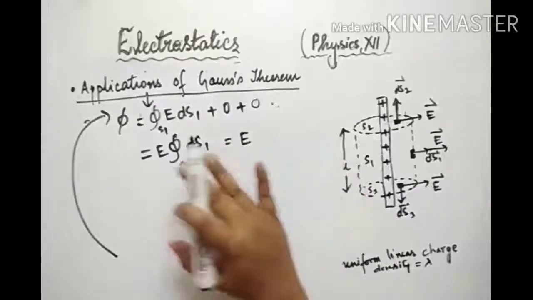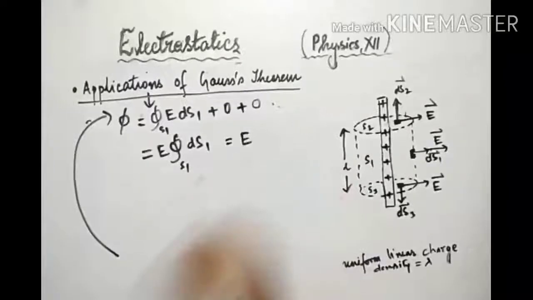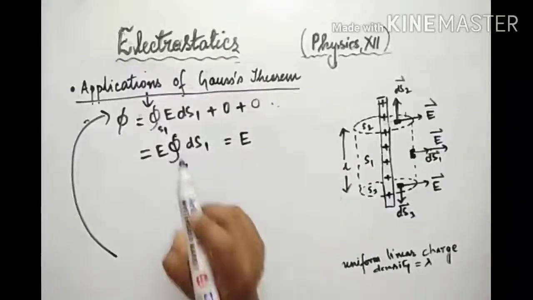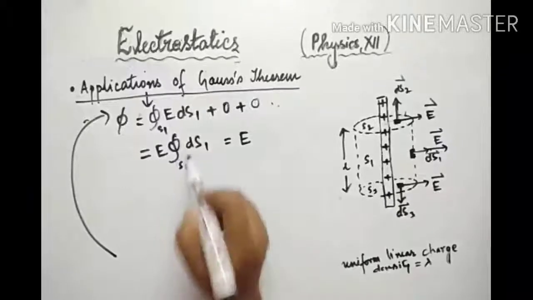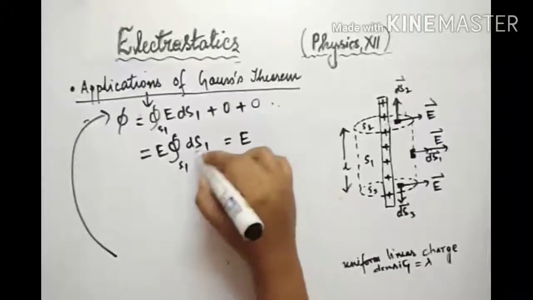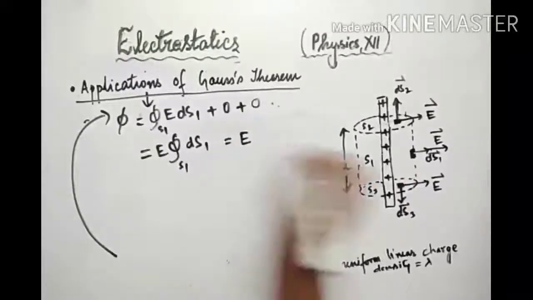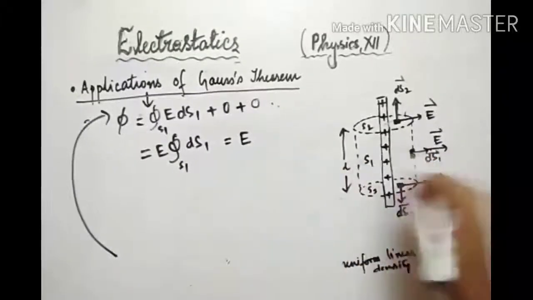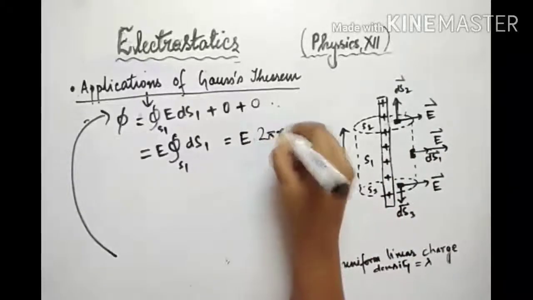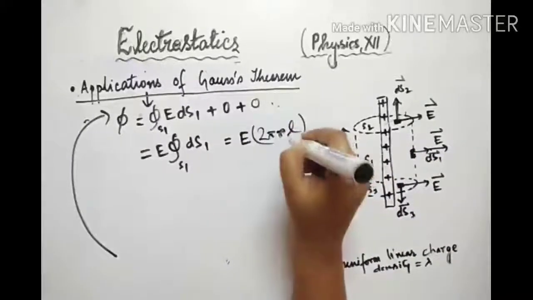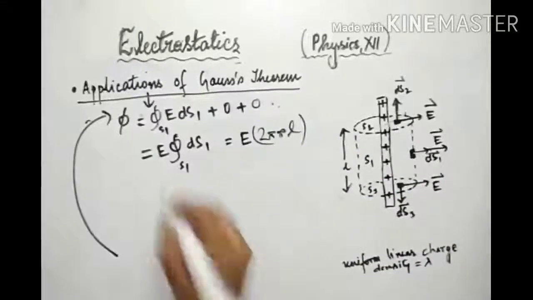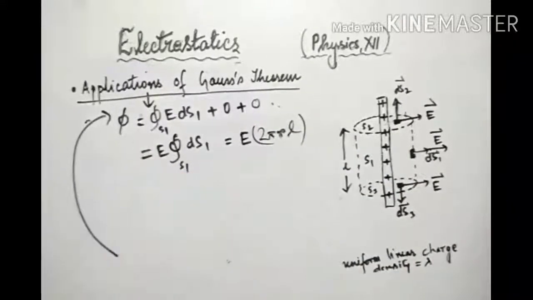You will get the total curved surface area, because you know integration is summing up for a continuous charge distribution. So if we add up all the ds1s, we will get the curved surface area, which is 2 pi RL. You know this is the formula of curved surface area of a cylinder. Now this is our flux.